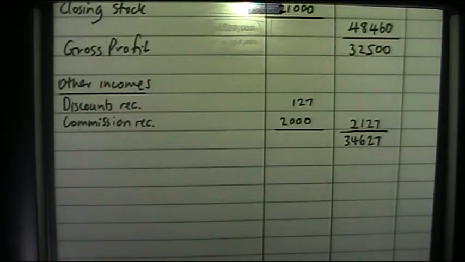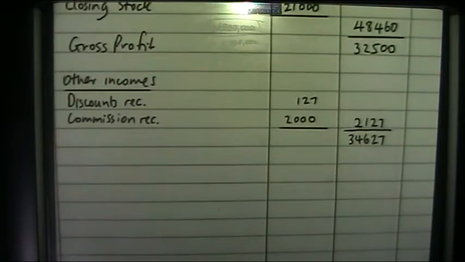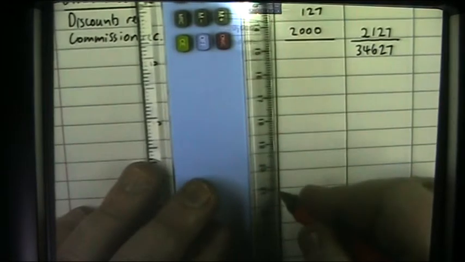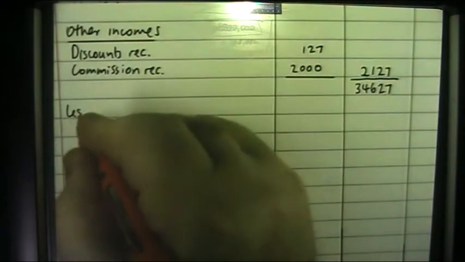until I start looking at my expenses now. Okay, so your expenses are always generally pretty long. Now I need to just extend my lines here to the bottom of the page. Okay, so head it up again, less expenses.